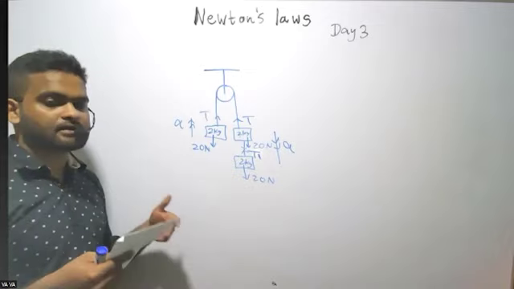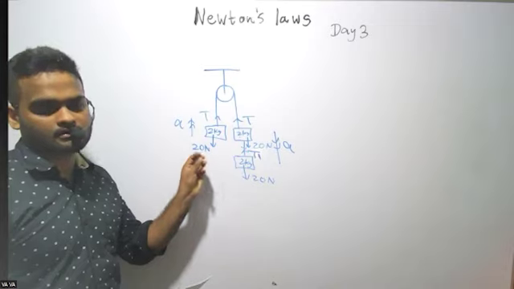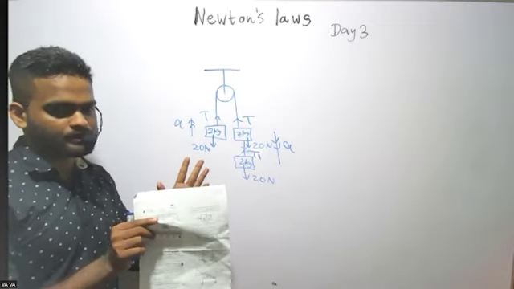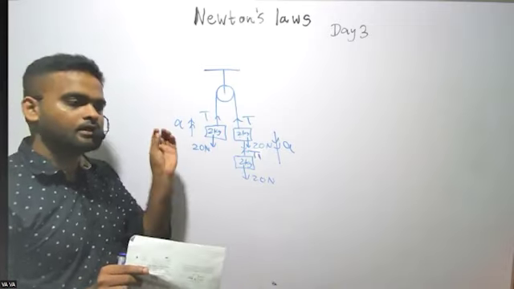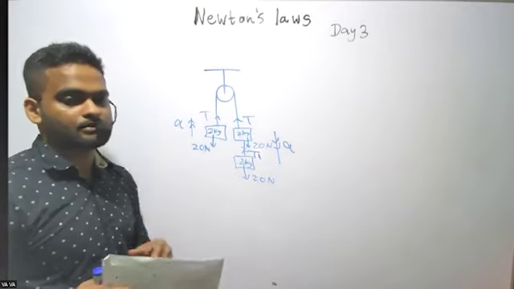With practice, you can be efficient doing this. Otherwise, the minute you see the question, you know to which ones you should apply F equals ma. That comes with practice.